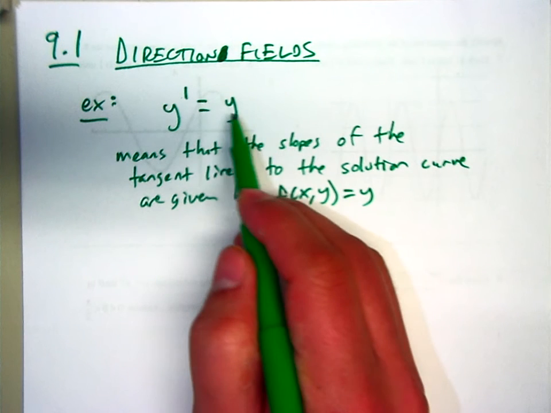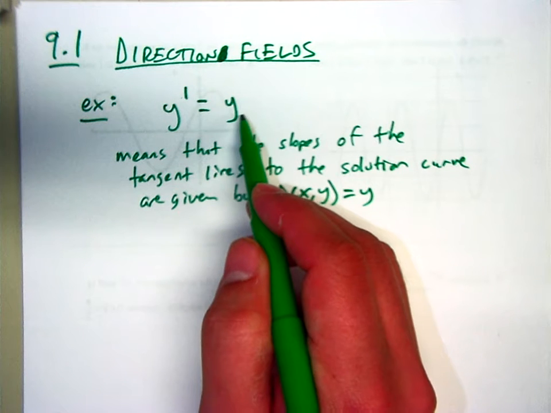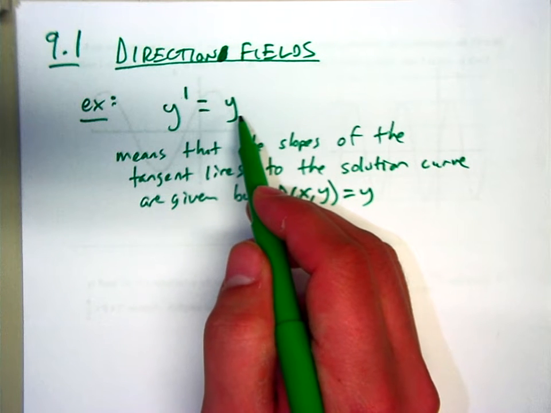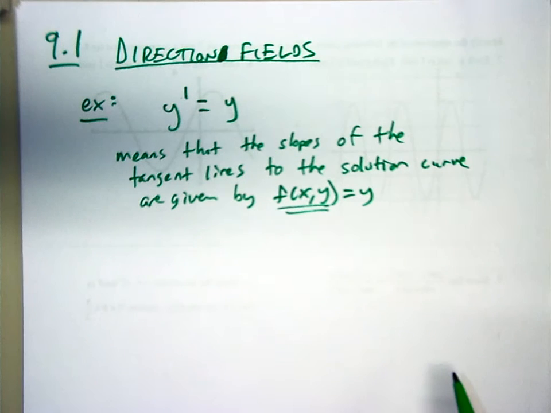This does not have to be necessarily just in terms of y. It could be dy dx equals x squared plus y, or it could be a function in two variables. So we're going to call that f of x, y.